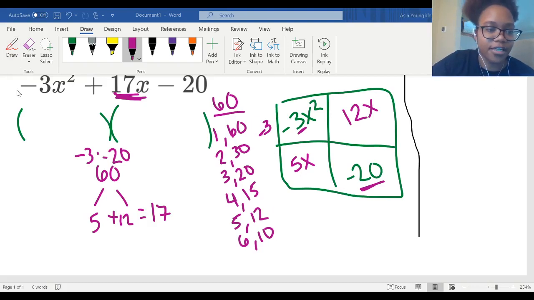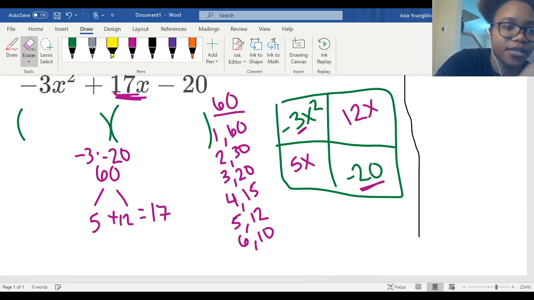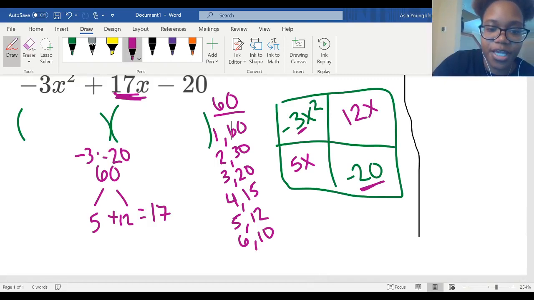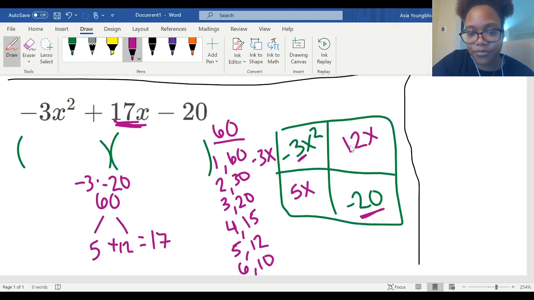Okay, so as I was saying, we're going to factor out this negative 3, so we would have negative 3x here, because 3 goes into 3 and 12, and both of these terms have x's. Negative 3x times x would get us x squared.